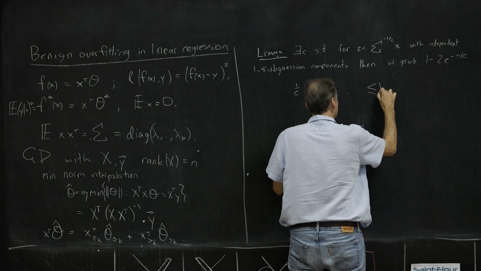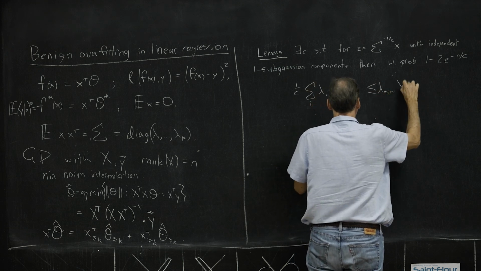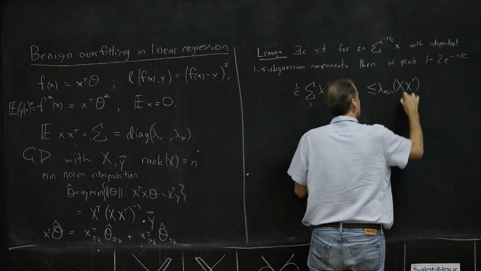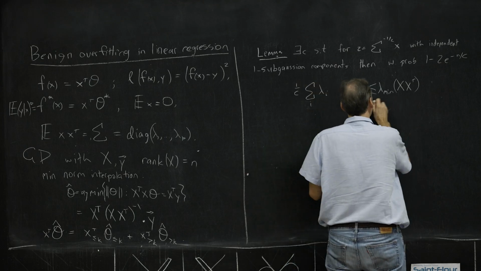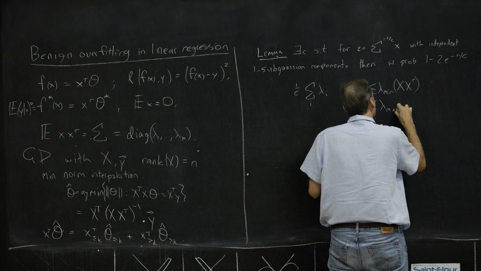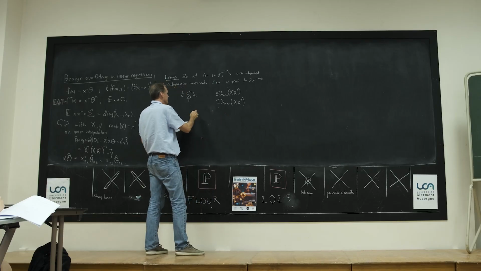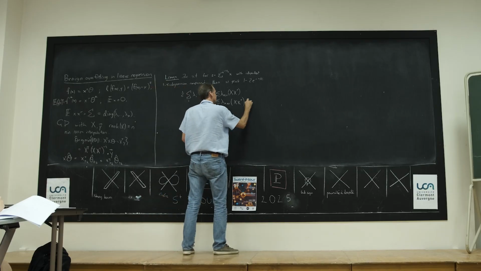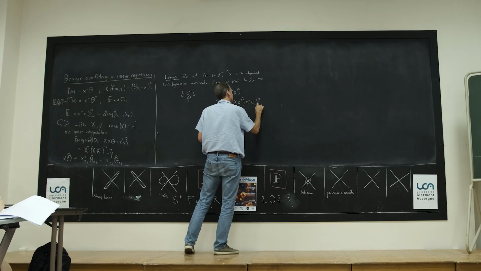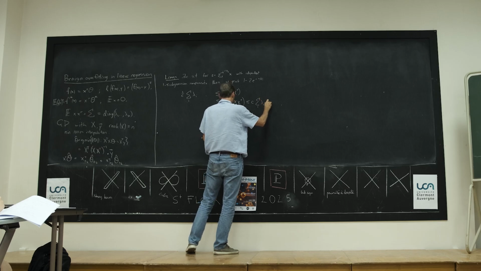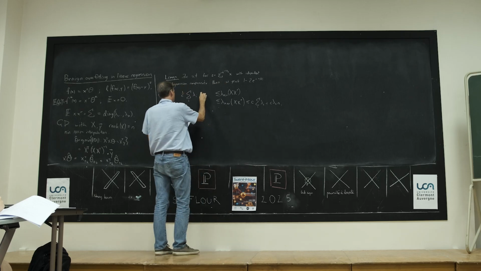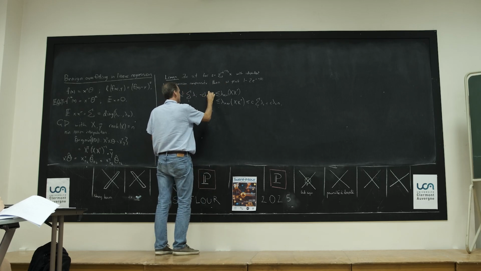So we get that the minimum and maximum eigenvalues of our X X transpose are close to the expectation, with a constant factor C times the sum over i of lambda i, with these extra terms, plus C lambda 1 n, minus C lambda 1 n.